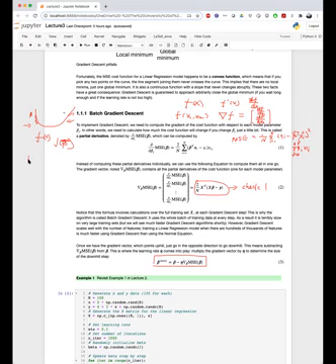We write the derivative here: partial J, partial beta. You want a minus because you want to increase your beta. Moving to the right means increasing your beta.